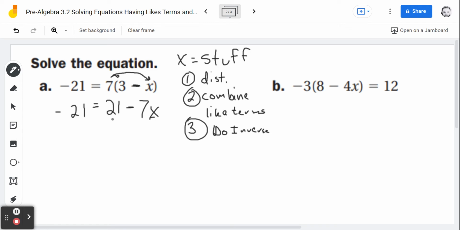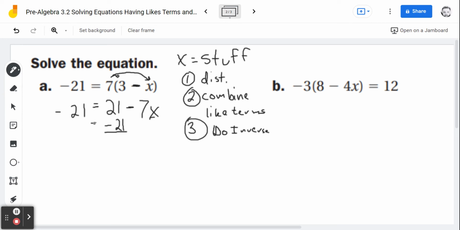So what do I move first, the 21 or the negative 7? The 21, right? Because the number in front of the variable, this is always the last step. Whatever number is in front of the variable, that's always the last step. So I'm going to subtract 21, because this is the 21 I want to move.